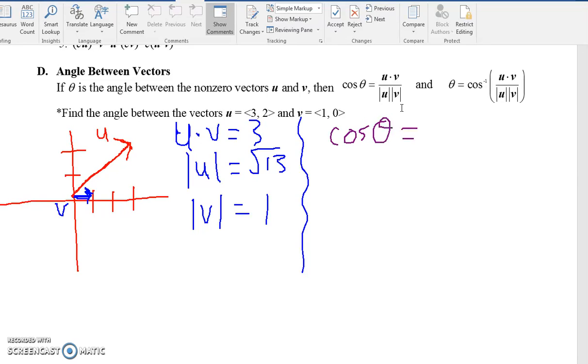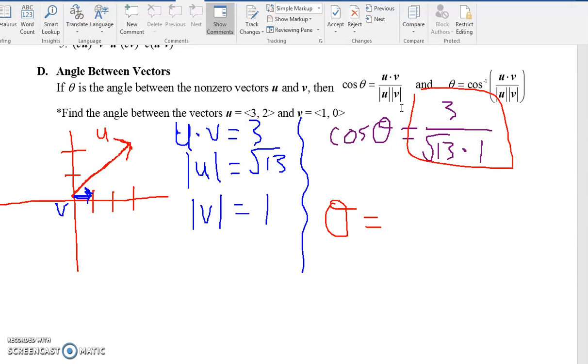Cosine of theta is going to equal the dot product, which was 3, over the product of the magnitudes, so square root of 13 times 1. Okay, and then to solve for theta, you would just need to take the inverse cosine of whatever this whole thing is, and you would come up with theta equaling about 33.7 degrees.